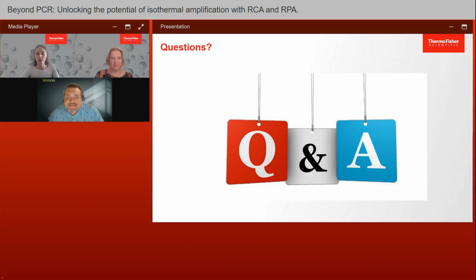So there are actually no strict rules for padlock probe design. I can just give you some guidelines. These padlock probes are usually between 50 and 150 nucleotides, but mostly I see in the literature that the padlock probe is about 70 nucleotides long.